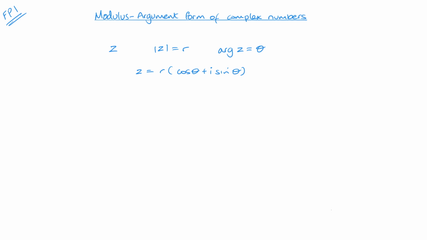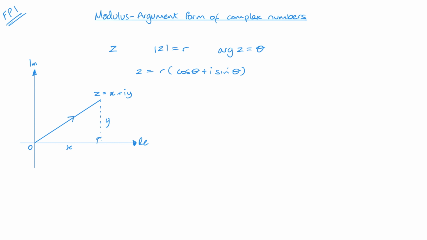So if we picture it in an Argand diagram, we would have something like this. So this is going to be my z, and it's going to be x plus iy. If I think of these horizontal and vertical distances, that's going to be x, that will be my y distance.